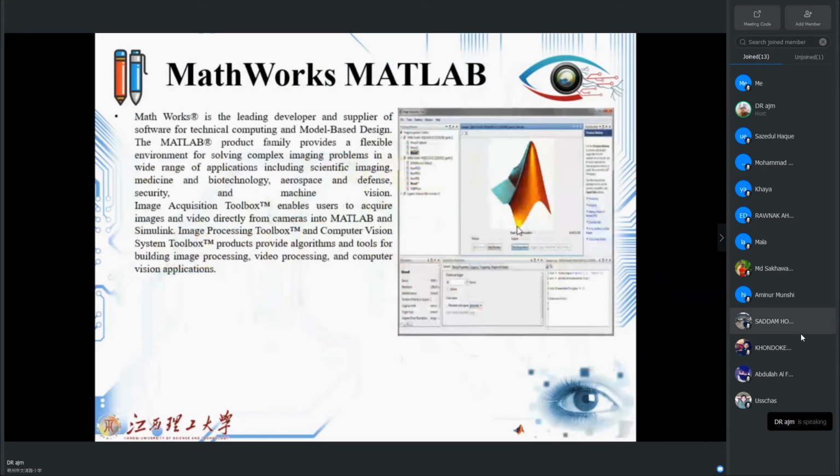As I told you, I should give you a very short brief about MATLAB, which is one of the tools that we will study and use in this course. It's MATLAB, one of the powerful software from MathWorks, and based on that you can do lots of nice jobs.